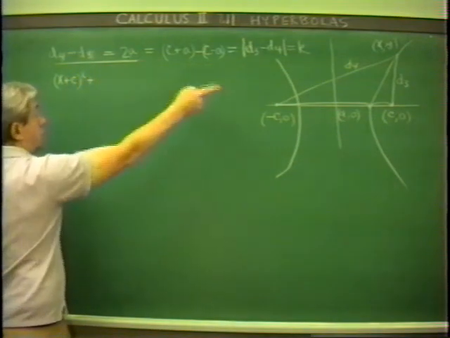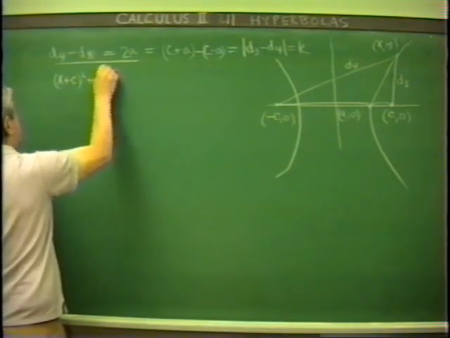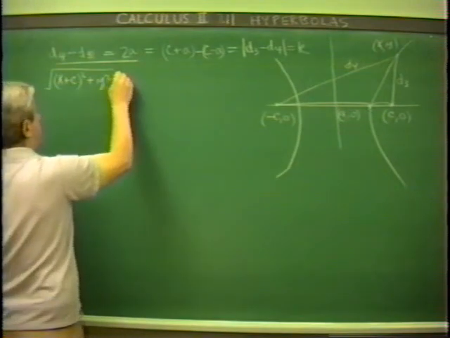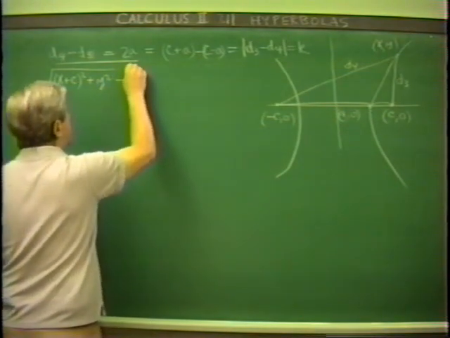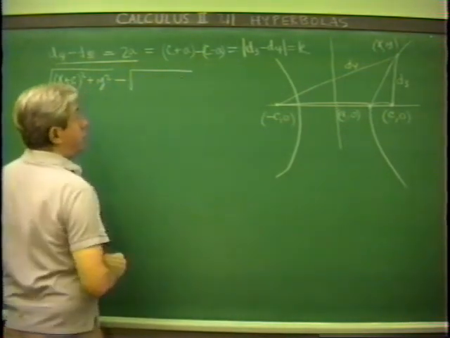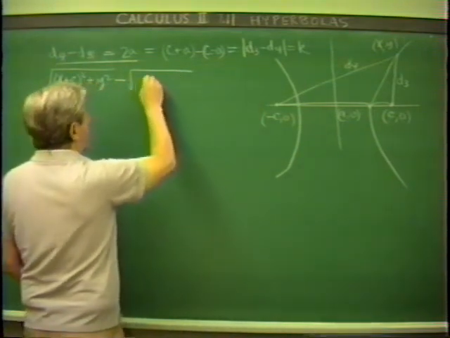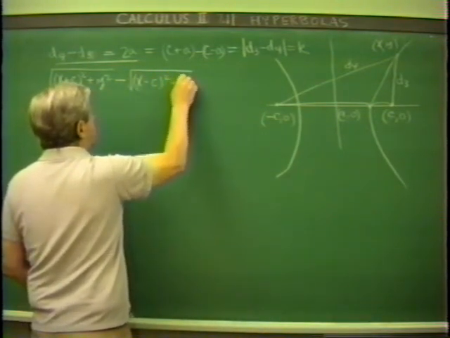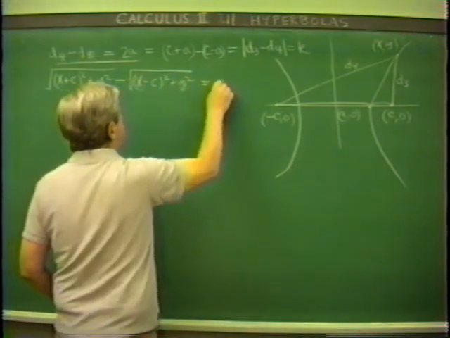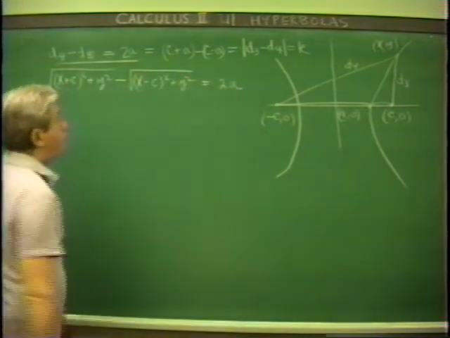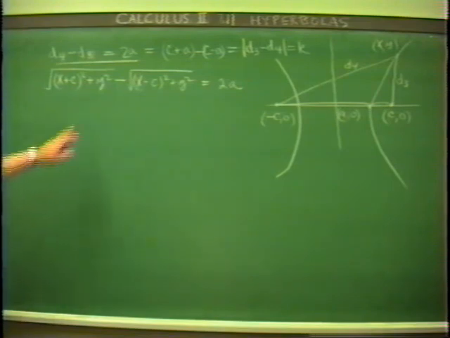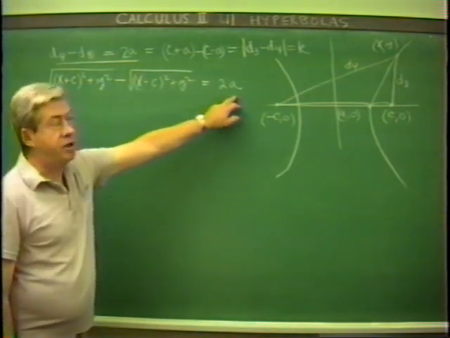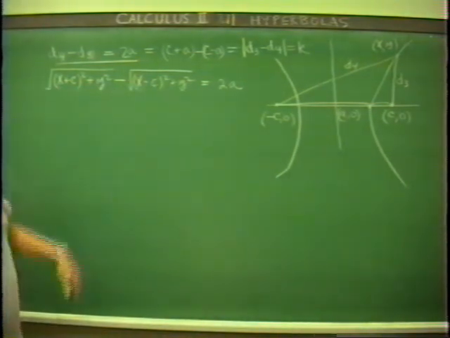At any rate, D4 is going to be this longer distance here, and so it's going to be the square root of (x plus c) squared plus y squared, minus the square root of (x minus c) squared plus y squared. This is supposed to be equal to 2a.